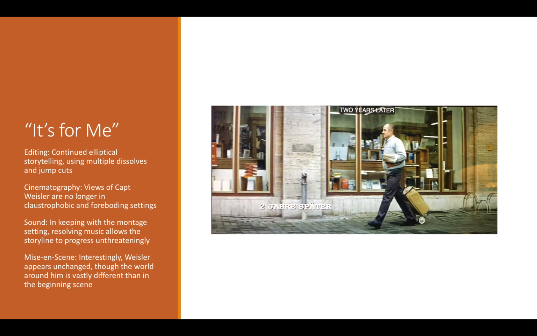Now, this final scene is probably the best example of a jump cut, but still a little bit short. It shows Captain Weisler very unchanged from 2 years prior, where he was toting a little yellow bag walking along. So you see where the subject here, that is Captain Weisler and his bag, remains unchanged, while the scenery around him has changed quite a bit. Now, the setting of East Germany is still the same, and it's not a particularly happy environment with tons of graffiti on the walls and things that you see as he's walking along.